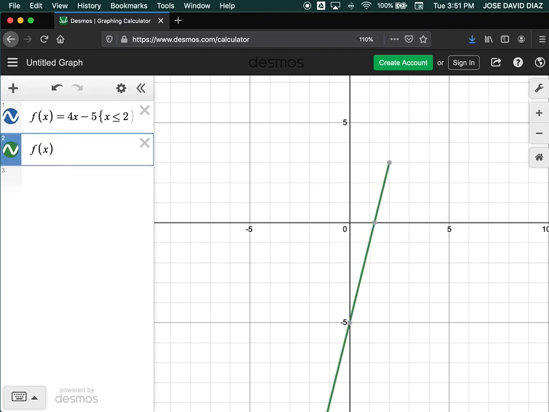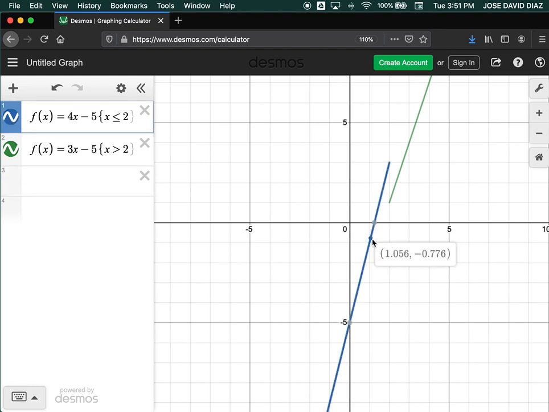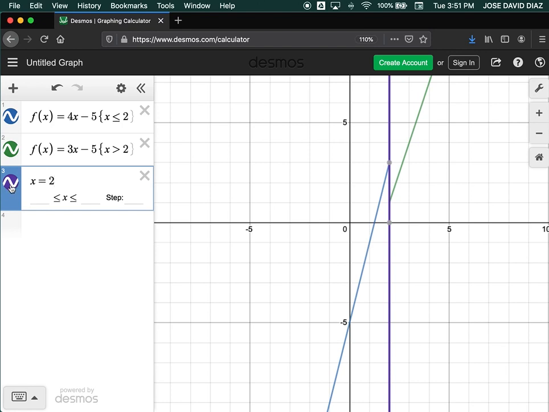F of x equals 3x minus 5, with the domain of x is greater than 2. We want the limit as x approaches 2. So let me just plug in x equal to 2 so we can see it. Let me place it in red.